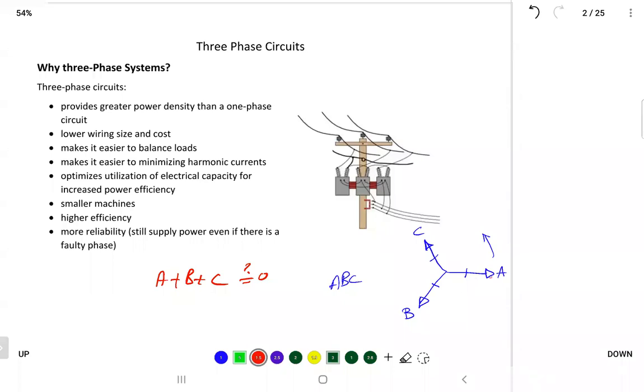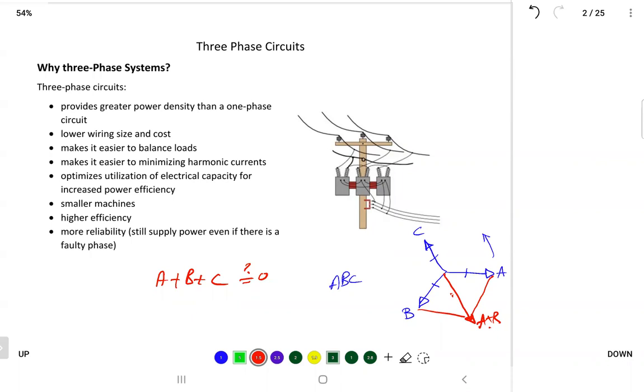If you add A and B vectorially, you get A plus B, and then if you add it with C, you find they cancel and the result equals 0. So that's how we say that the balanced sum equals 0. So another thing about a three-phase system is that it's balanced, so the sum is equal to 0.